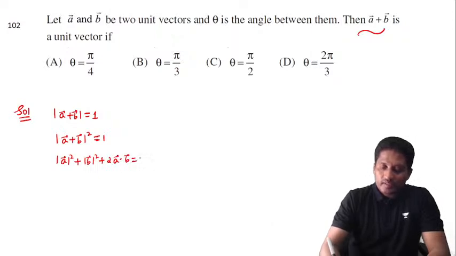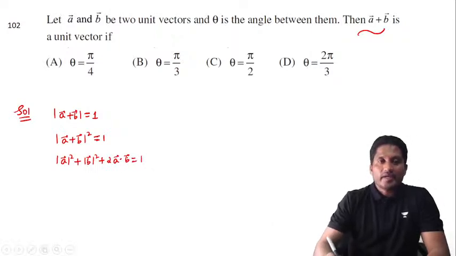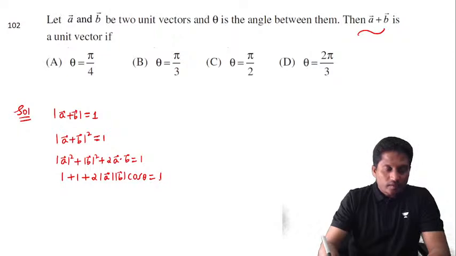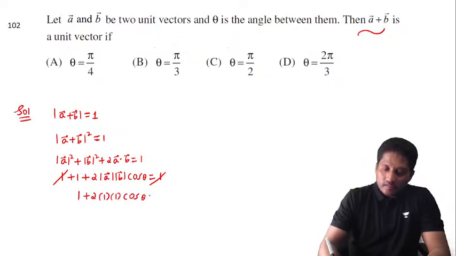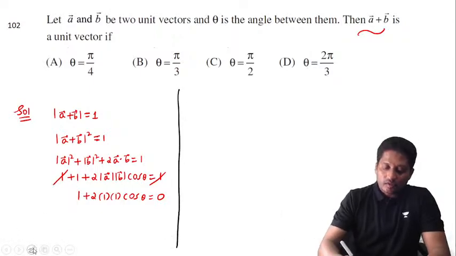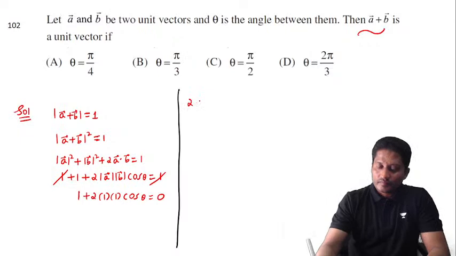2 times A dot B is equal to 1. Okay, A and B are unit vectors, right? This is 1 and this is 1 plus 2 times A dot B. Therefore, mod A into mod B into cos theta. It will cancel. Right, so 1 plus 2 into mod A is 1, mod B is 1, and then you get cos theta, equal to 0. From this I can write 2 cos theta is equal to minus 1, right?